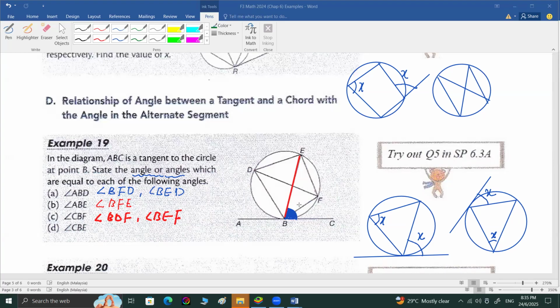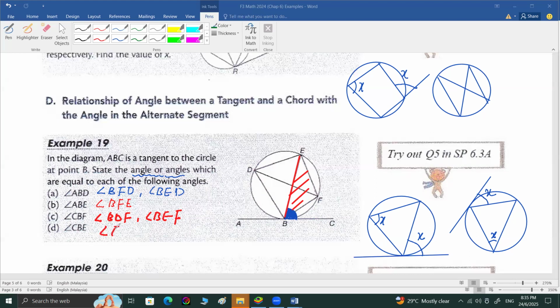We cannot count this one, because you see this one? The angle overlaps with this one, so we don't calculate this one. We just see this one, because this one is already covered. So we see this one only. I name it? EDB. Yes, you are right.